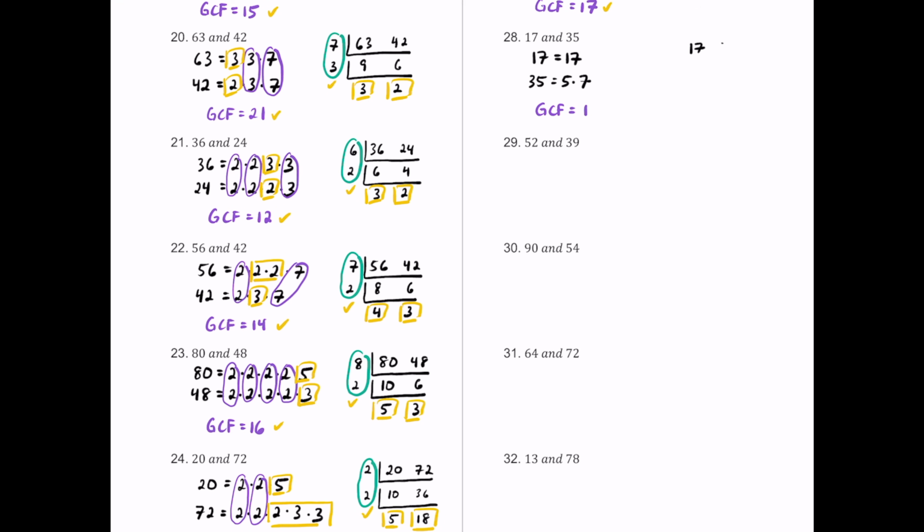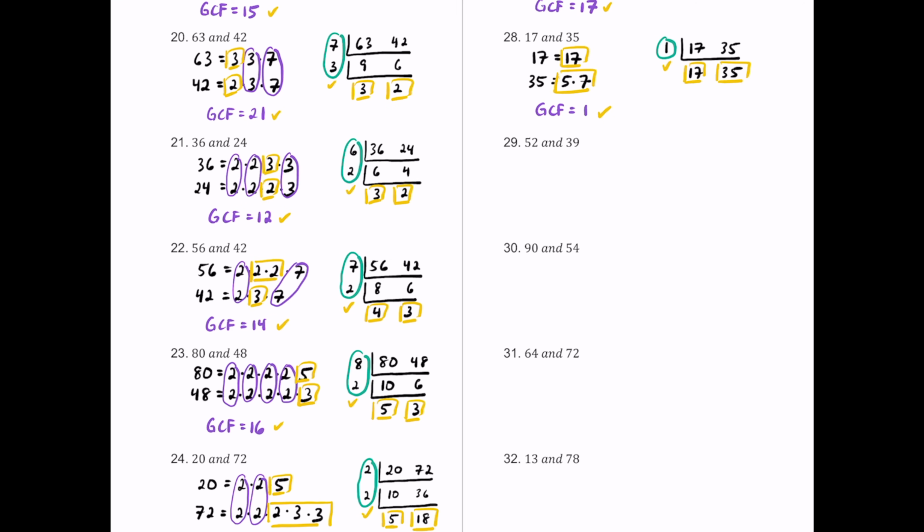For the ladder method, 17 and 35, we look and see if we can find anything, and you will end up saying that there's nothing in common, so you just have 17 and 35. So the GCF here is going to be 1, and so this one matches this one. The 17 that we weren't allowed to do anything with stays the same, and 5 times 7, we're not paired up at all, so that's 35.